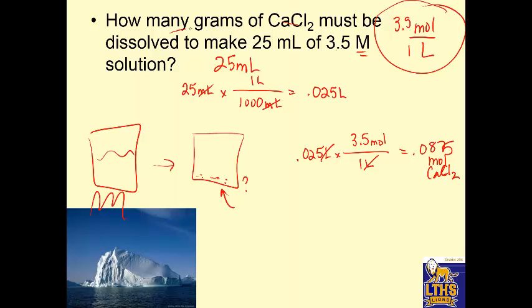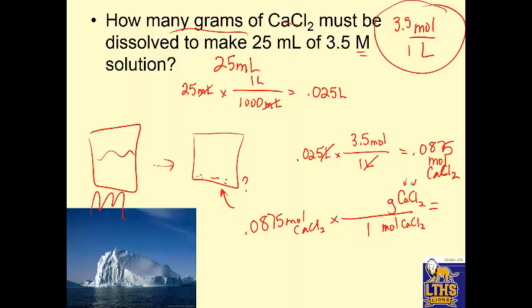But wait, what does the question say? It says grams. So I have to take my 0.0875 moles of CaCl2 and change it to grams. Okay, moles on the bottom, calcium chloride. Grams on the top, calcium chloride. Hey, anytime moles are with grams, moles are the best. They're number 1.